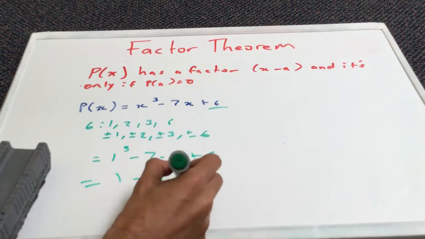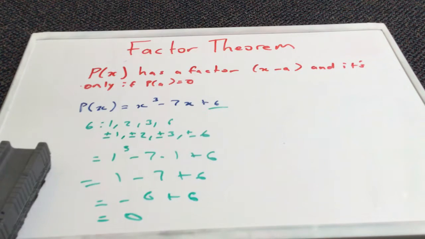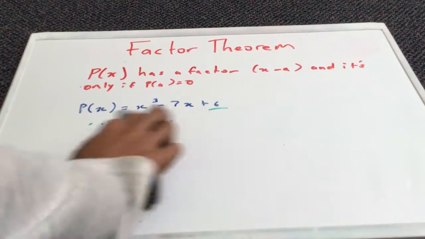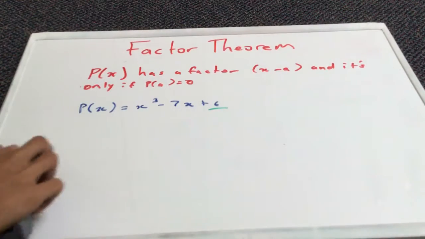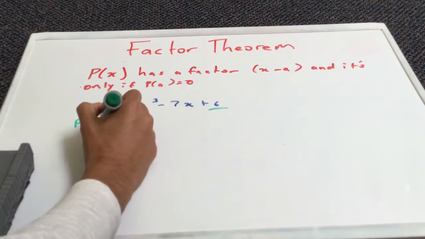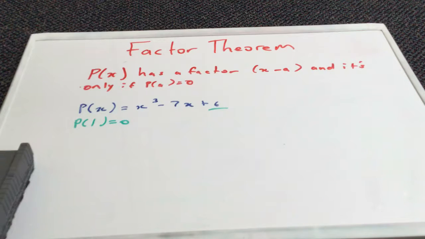You get 1 minus 7 plus 6, and we get 0. So that's good. It's not the factor, it's a. So we know p of 1 is equal to 0. The only thing I did was replace a with 1.